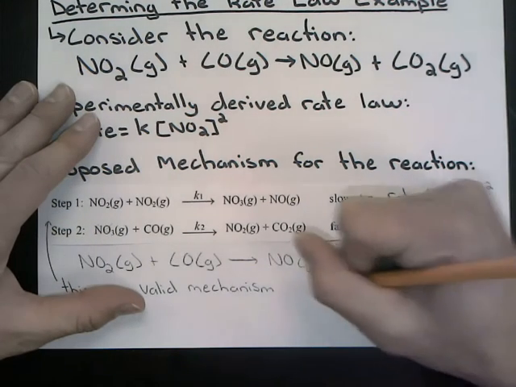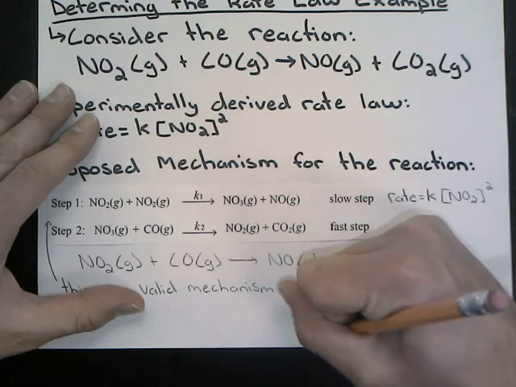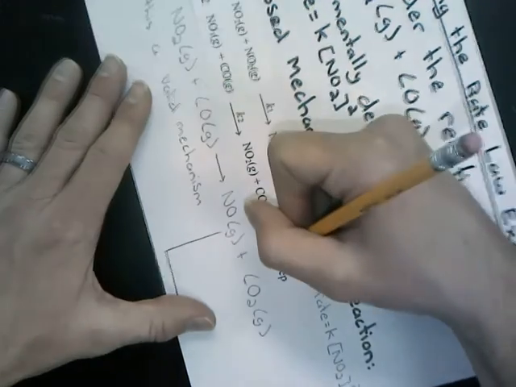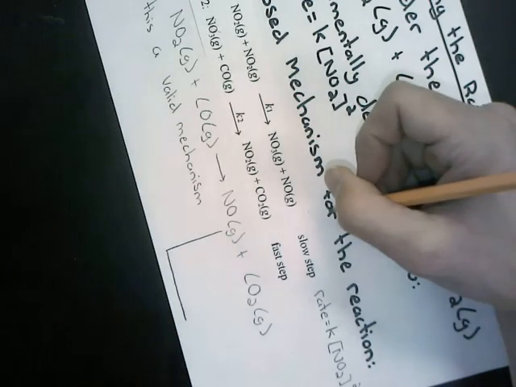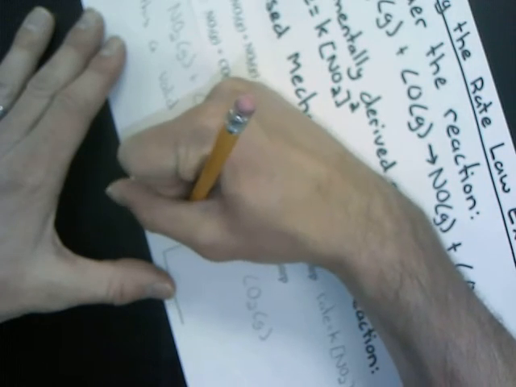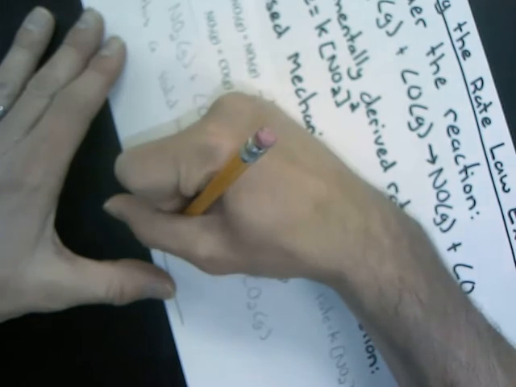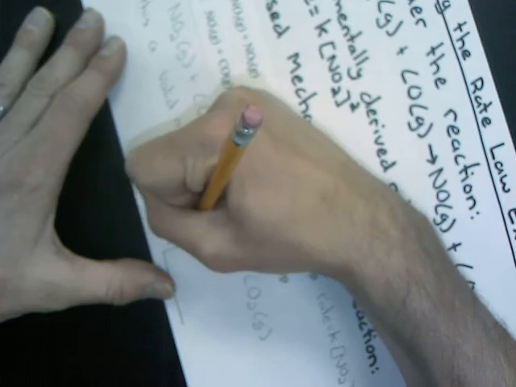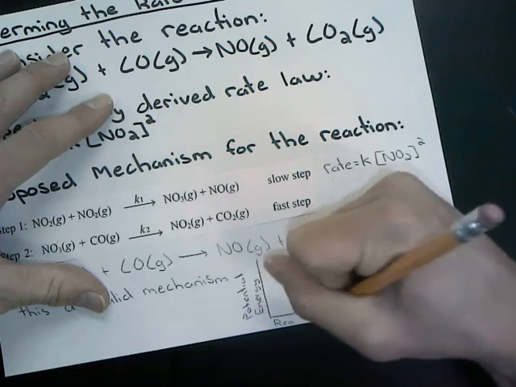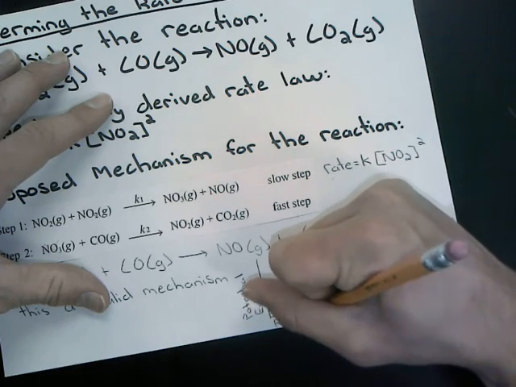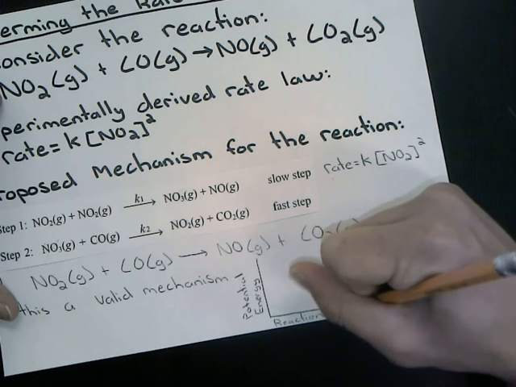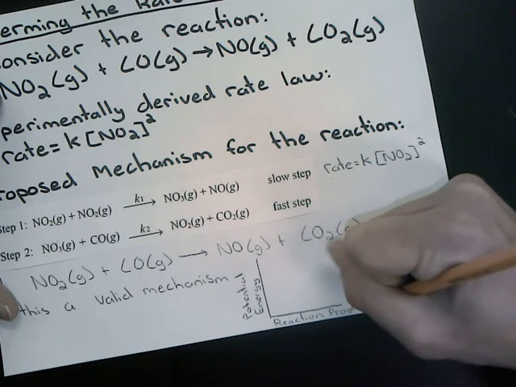Now, I want to talk about the reaction diagram. If you remember from the last section, we would have the potential energy, and then on the bottom here we would have the reaction progress. If we did the reaction diagram for the proposed mechanism, it would look like this.